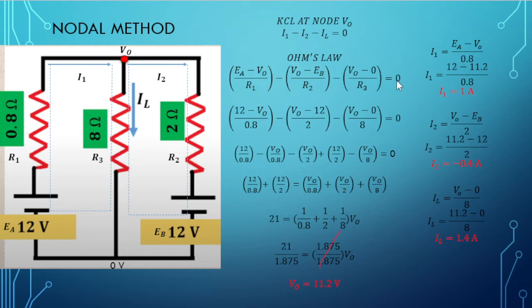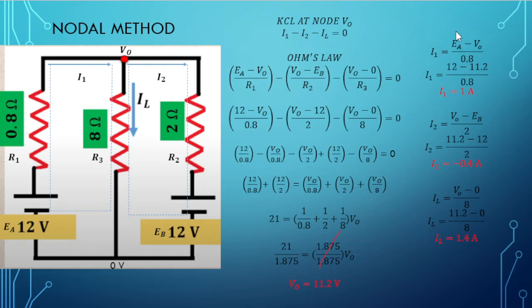So for getting the values of I1, I2 and IL, we need to substitute the value of VO.